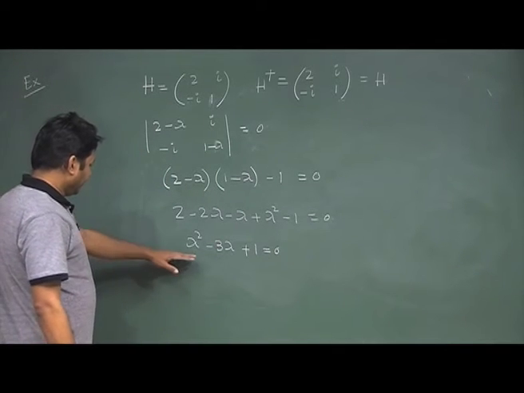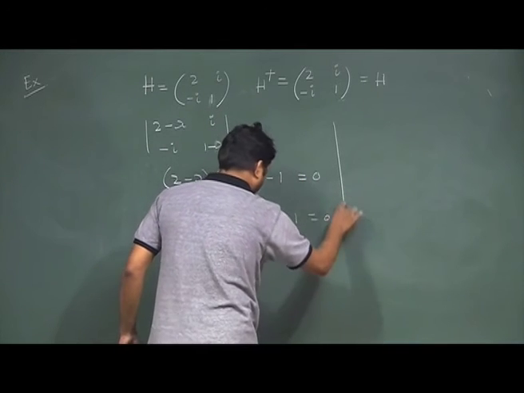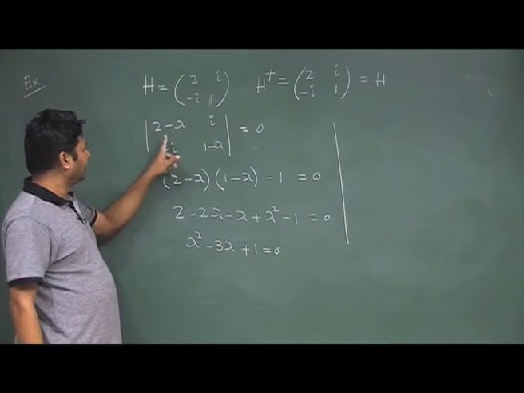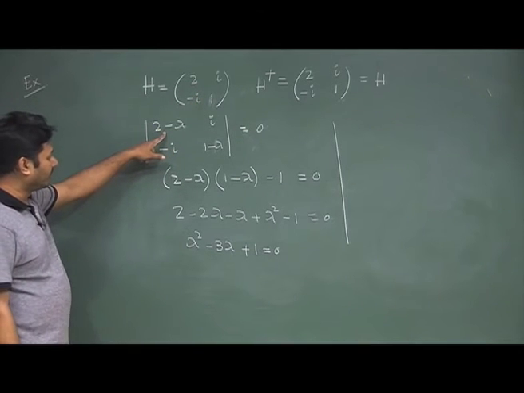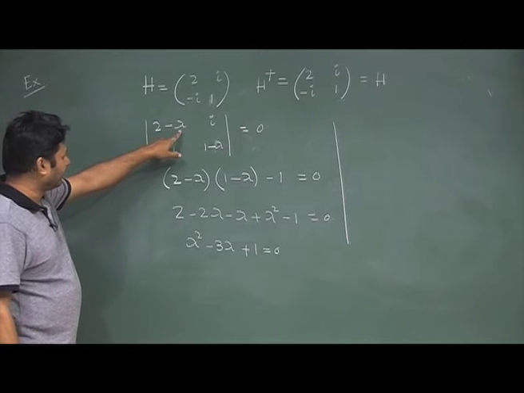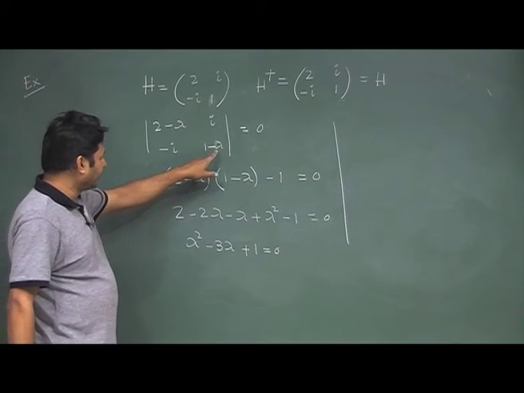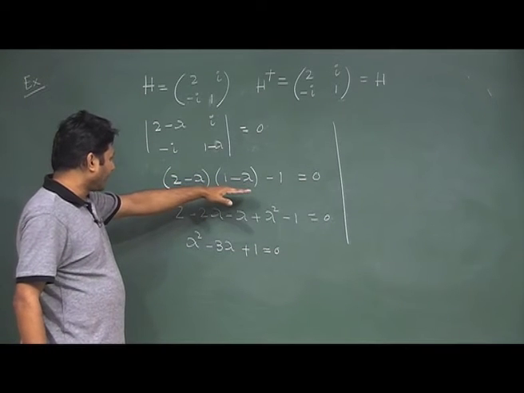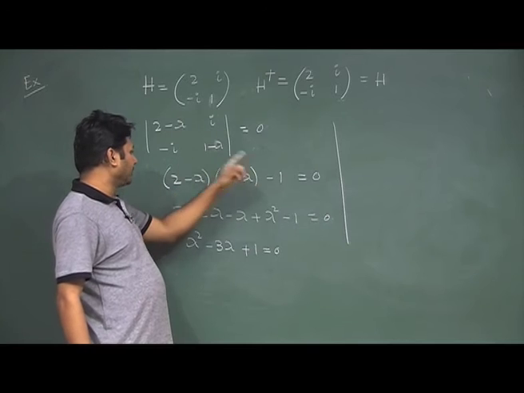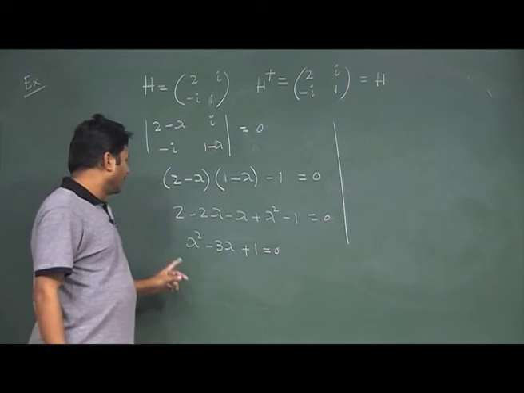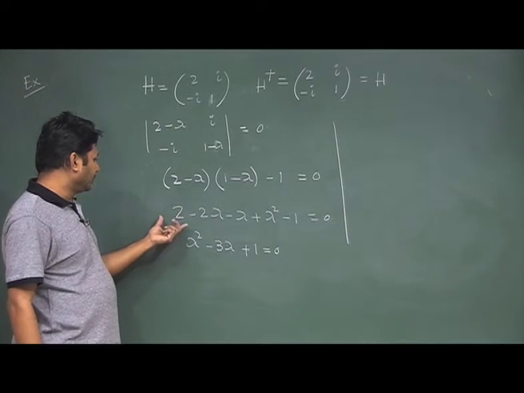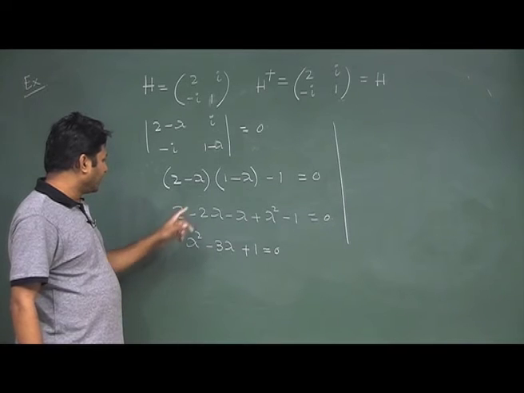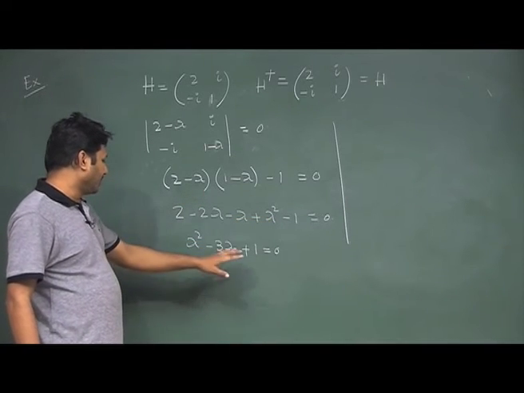So, this gives me, let me once again check everything is correct or not. My Hermitian matrix is this. Try to find out the value of lambda. This is my characteristic equation: 2 minus lambda, I, minus I, 1 minus lambda. So, the determinant of these is 2 minus lambda multiplied by 1 minus lambda, and then minus this multiplication, I have this equal to 0. Then I simplify. So, it is 2 minus 3 lambda plus lambda square minus 1. So, this minus 1 gives me 1. So, I will get this.